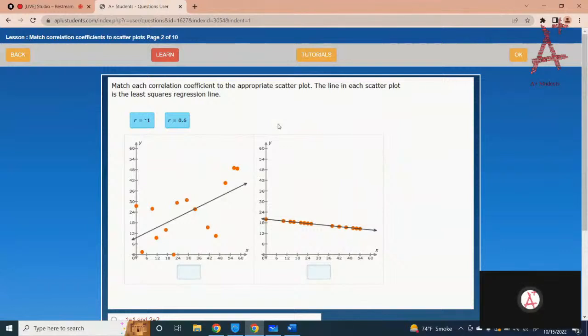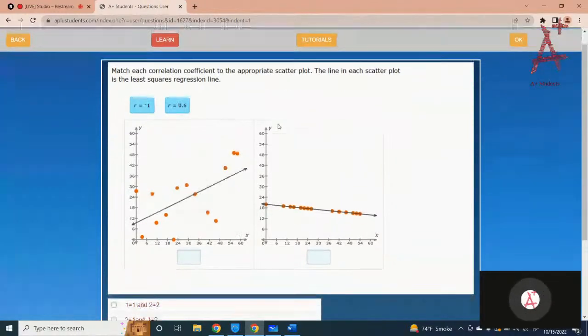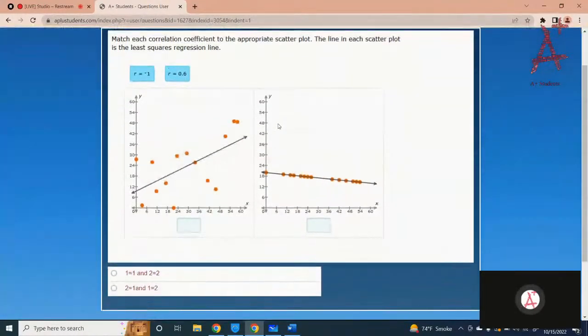Okay, match each correlation coefficient to the appropriate scatter plot. The line in each scatter plot is the least square regression line. So for the first one, as x values increase, the y values are also increasing.